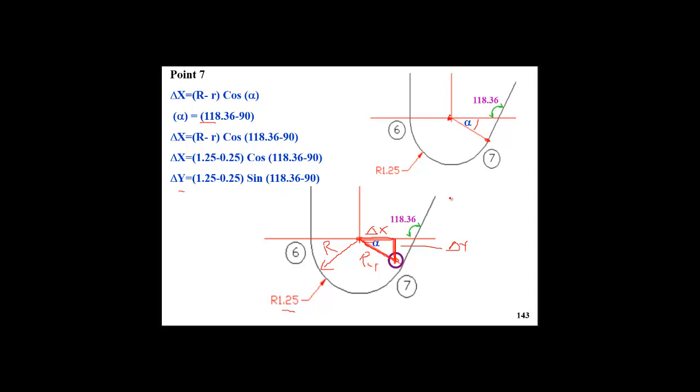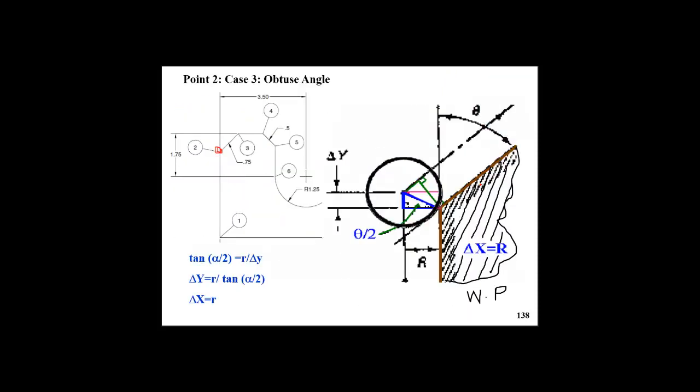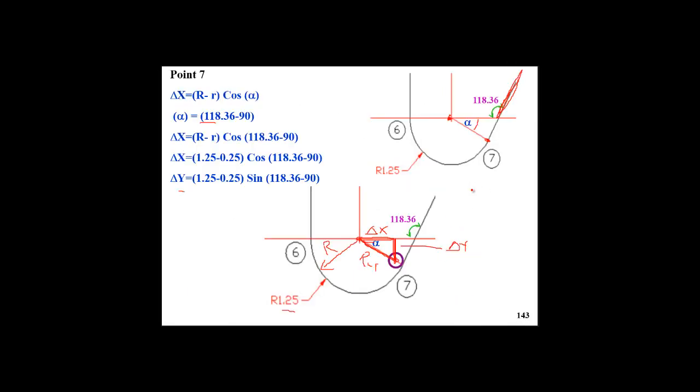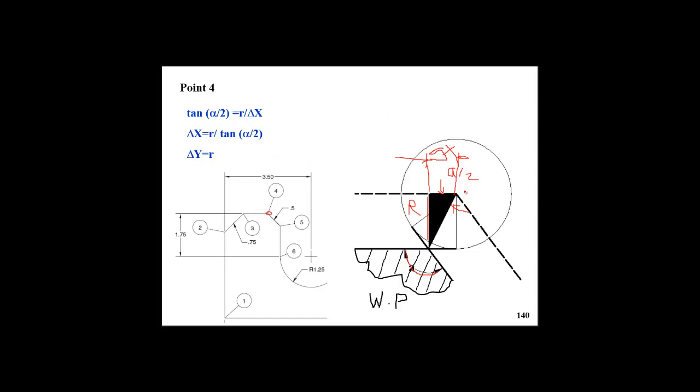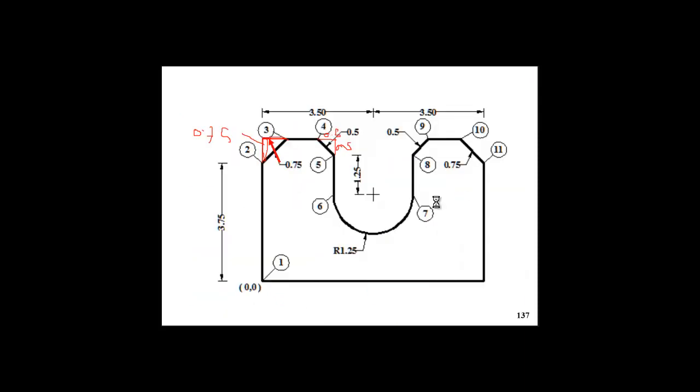How do we know that alpha? We know alpha if we know the slope of the workpiece. This is one sector along the workpiece. Back to the geometry of the workpiece we have, this is the workpiece, this is the edge.